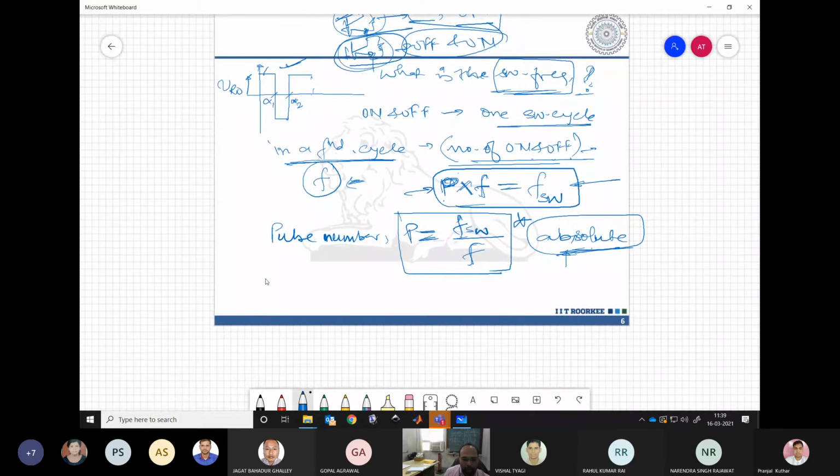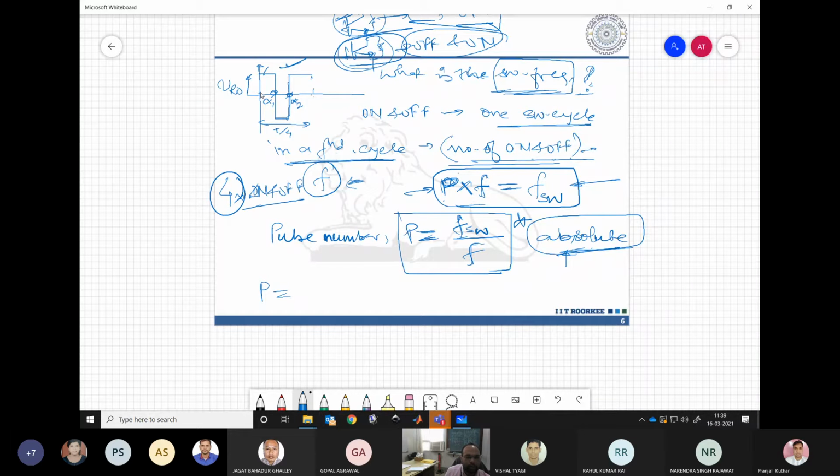So we will see more details, but let us first understand what is P for this particular system. Now, if you start counting for this two switching angle per quarter case, we have one on and one off in one quarter cycle. This is T by 4. So which means we will have 4 on and off in 4 quarters. Correct?